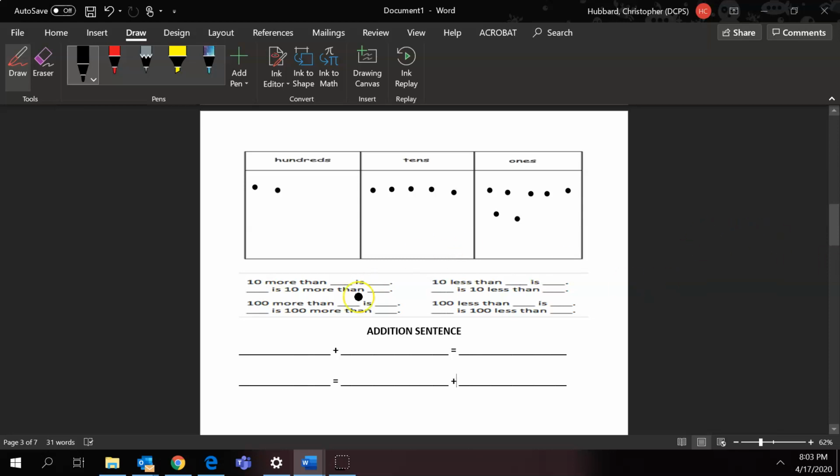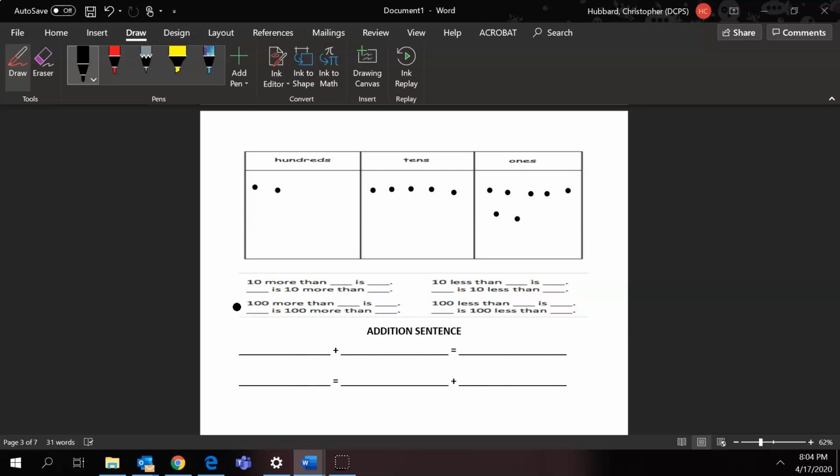So if you said 100 more than 157 is 257, or 257 is 100 more than 157, then you are correct. What did you do to change 157?